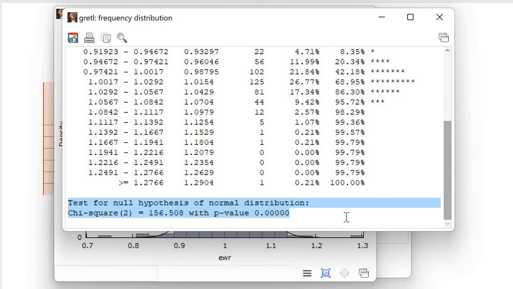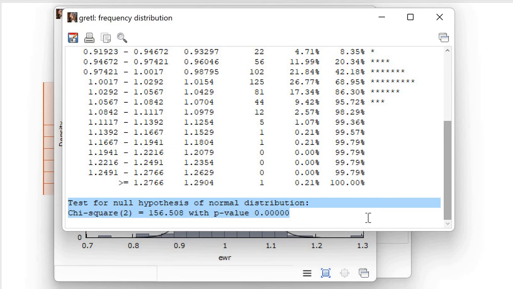So when you investigate the results of any statistical test, again, we are going to discuss more of them when we proceed to the part about econometrics, you are always interested in the null hypothesis, how it is formulated exactly. So here, the null hypothesis states that data is distributed normally. And as you can see, the p-value of the test is very close to zero.